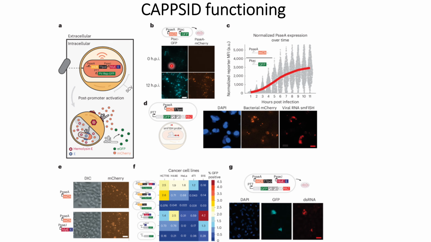For GFP they can see some signals even at 0 hour, but for M-cherry they do not see any signals. And at 12 hours they can see high signals for the GFP, which is connected with this PTEC promoter, but PSSE they can see the signals only when it has been transfected. At 0 hour they do not see any signals for the M-cherry, indicating that this promoter should be good enough for their functions.